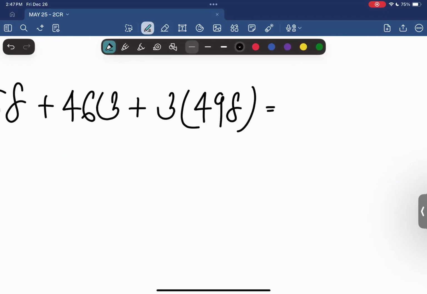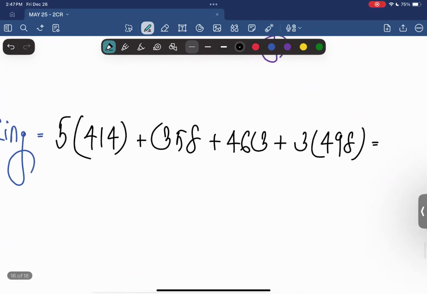Now we use the calculator to find the value needed to break the bonds: 5 times 414 plus 358 plus 463 plus 3 times 498.